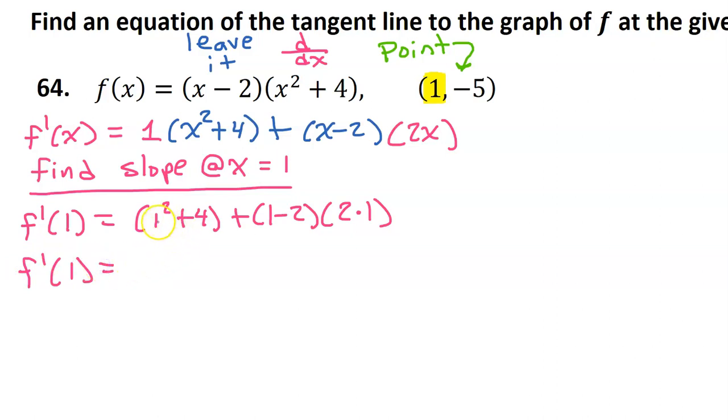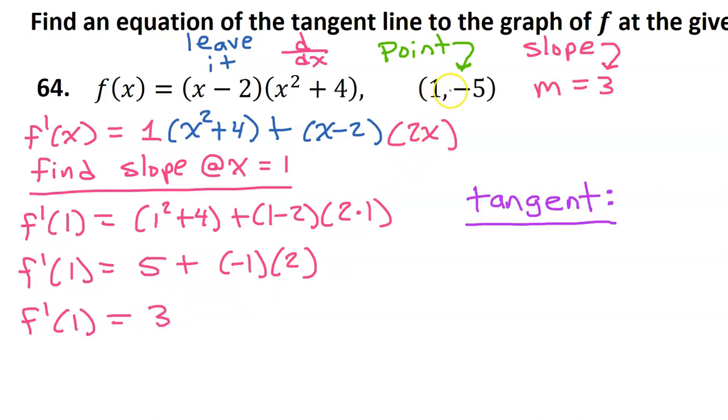So this is just 1 plus 4, so we've got 5. And then 1 minus 2 is negative 1 times 2. So this is really just 5 minus 2, so this is 3.